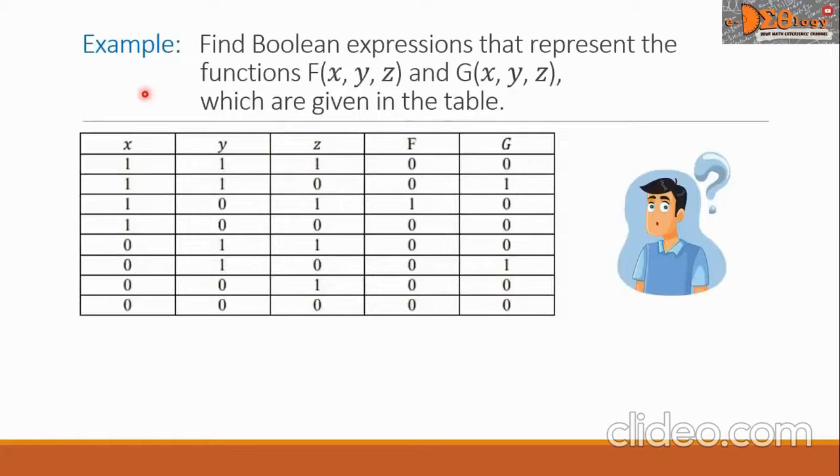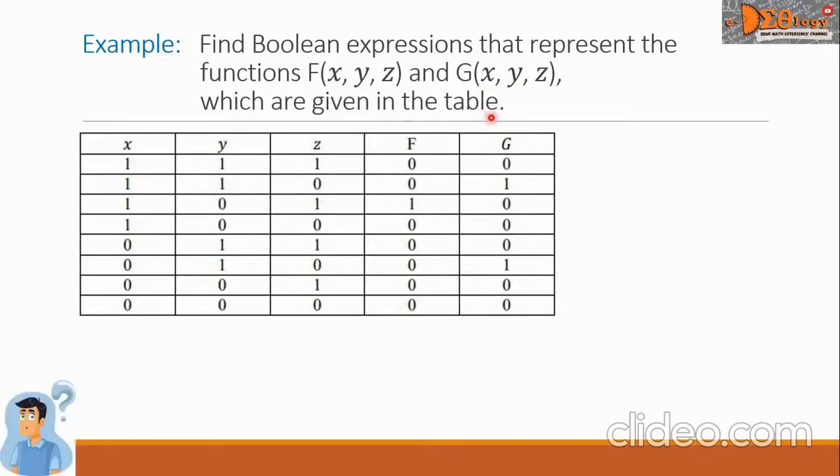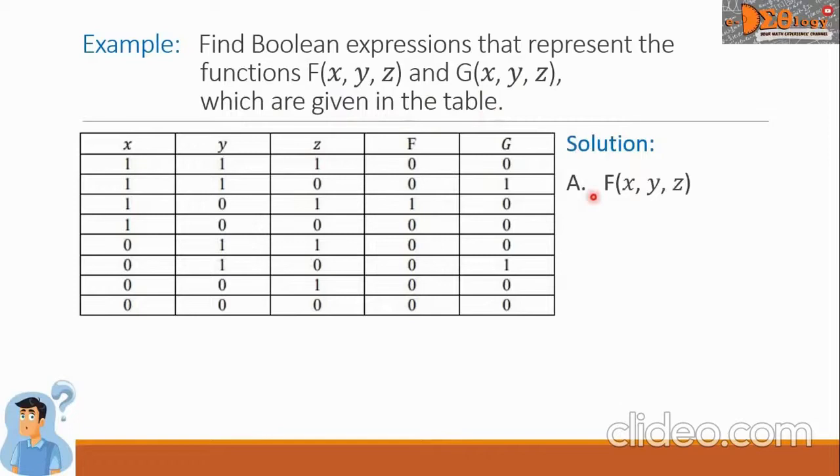Let us see this example. Find Boolean expressions that represent the functions f(x, y, z) and function g(x, y, z), which are given in the table. Let's begin with the function f.